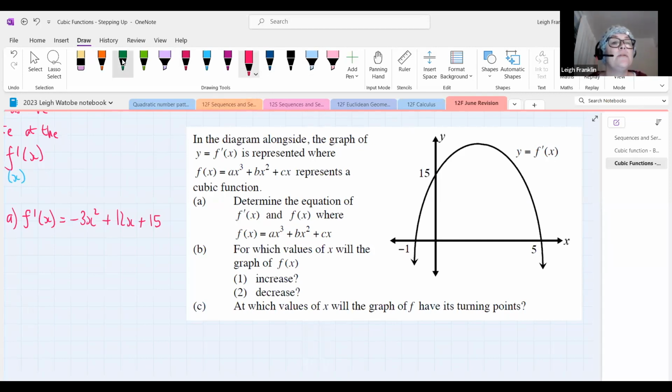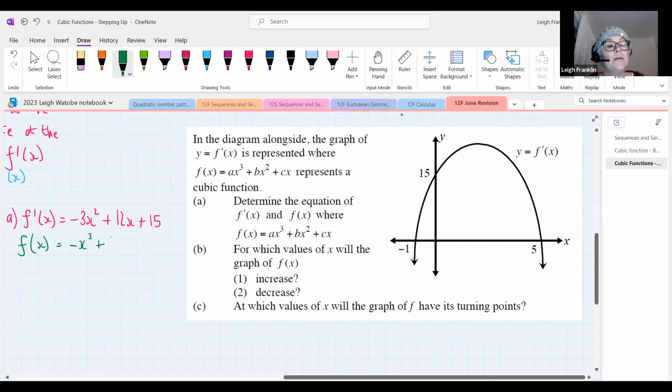Do you guys get the same answer as me? For f of x, I got negative x cubed plus 6x squared plus 15x. Yes.